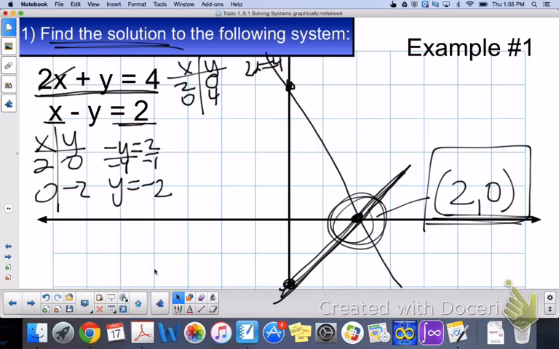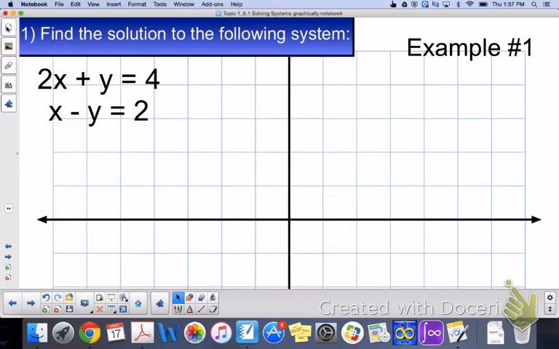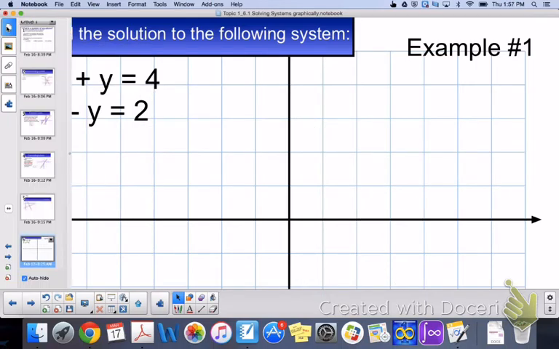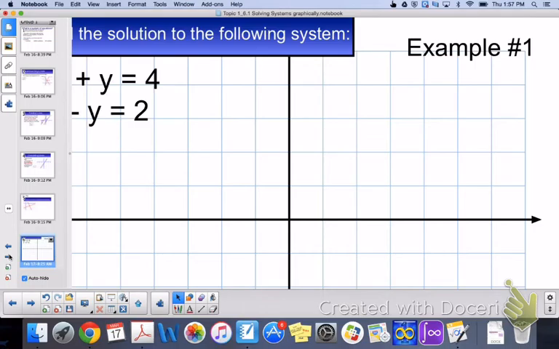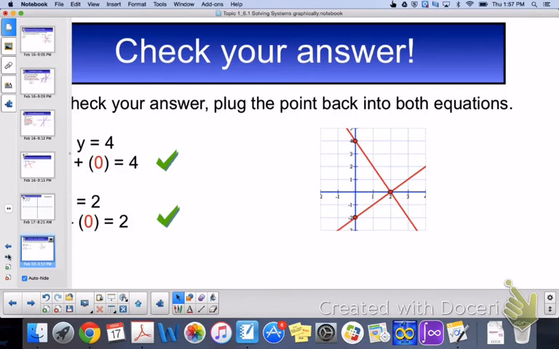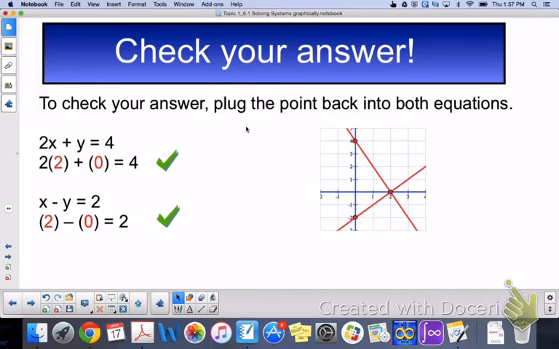Okay, let me do another example. Sorry. Example 1 here is, good slide right here. One thing I forgot to point out, you do want to check your answer, okay? I got the point 2, 0.